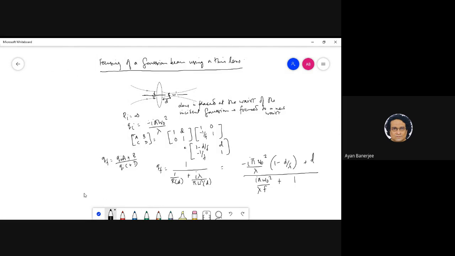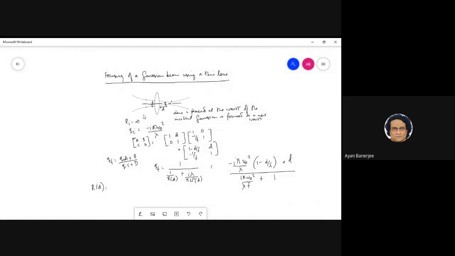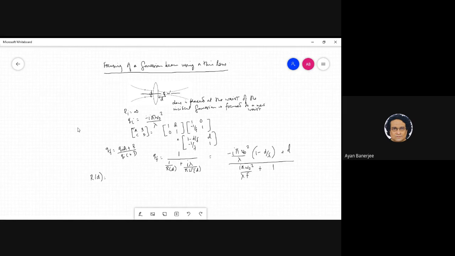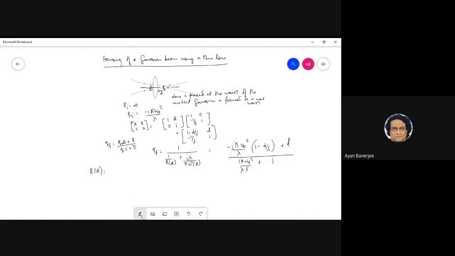Now please calculate and tell me the values of these two.